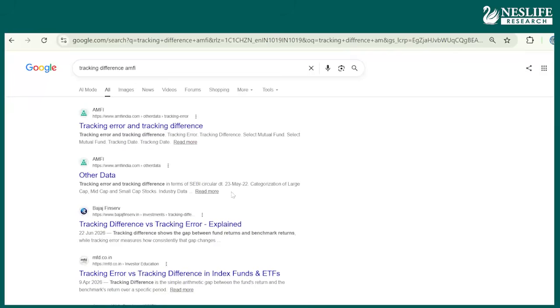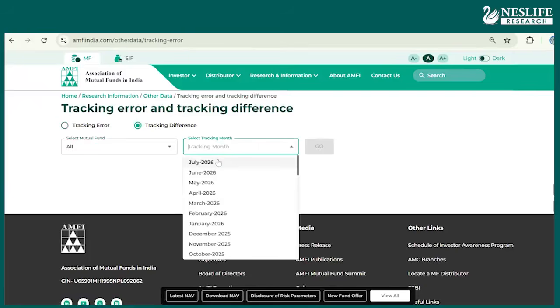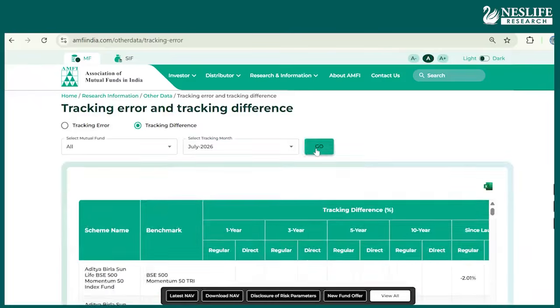This is the website where you will see the other data, that is official AMFI data. You can type on Google 'tracking difference AMFI' and you will get the data. So here are the tracking error and tracking difference. Let's select this July.